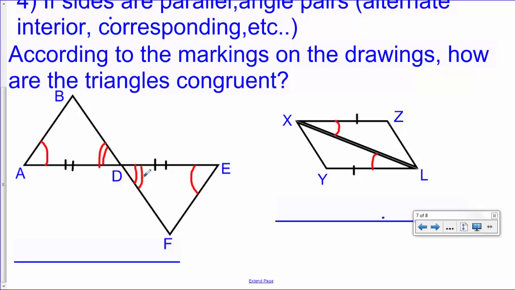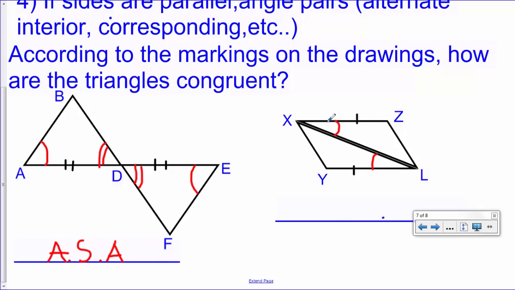On this one, since we marked these 2 vertical angles congruent, this one would be angle, side, angle. This one has the side in between the 2 angles, so we will label it as angle, side, angle. That's how the triangles are congruent. This is our test of congruence.